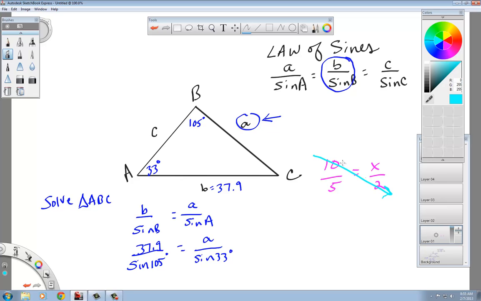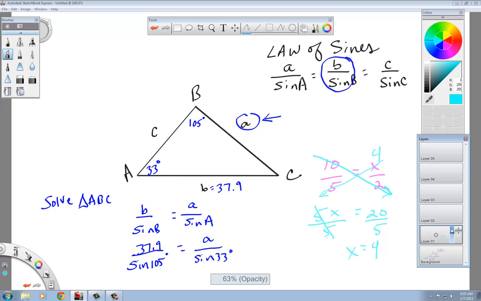I multiply these two, so it's 10 times 2, which is 20, and 5 times x, which is 5x, and then of course I divide by 5 on both sides. That cancels. X equals 4. That's basically in a nutshell how to do a proportion. I'll get rid of that.